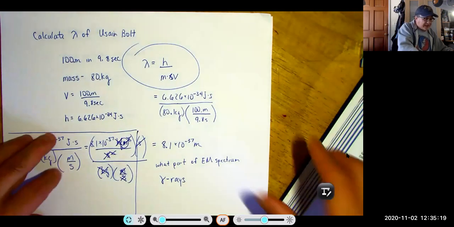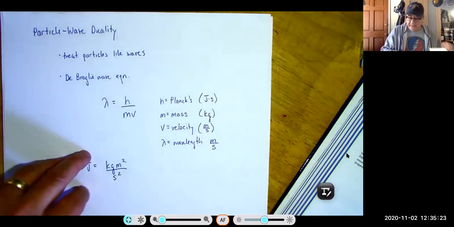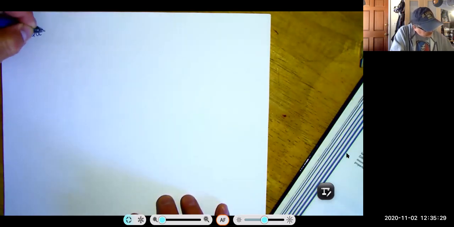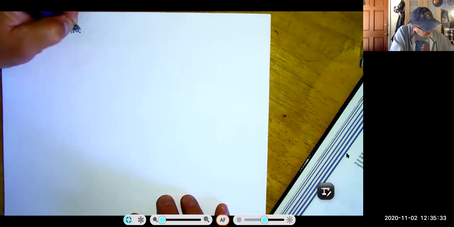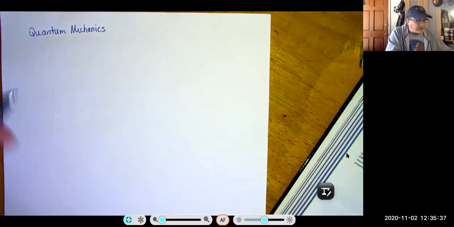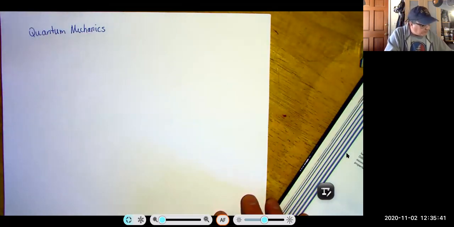All right, the next section is quantum mechanics. Okay, so quantum mechanics is born out of the necessity to improve the model for Bohr's atom.